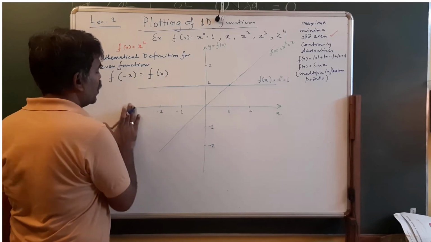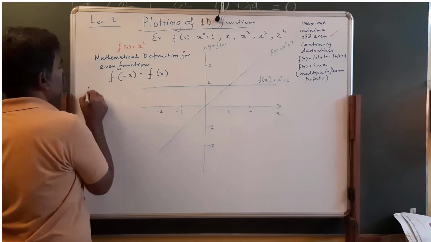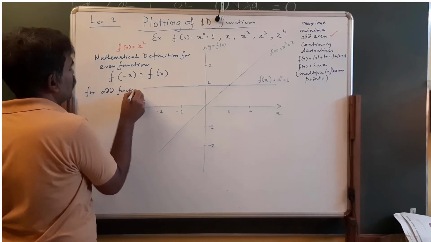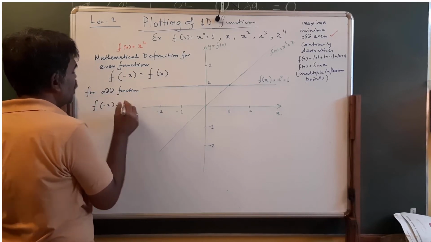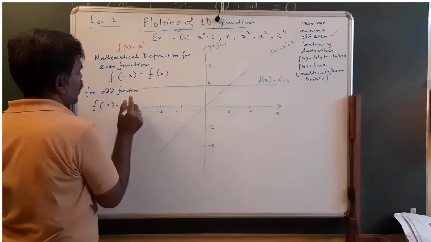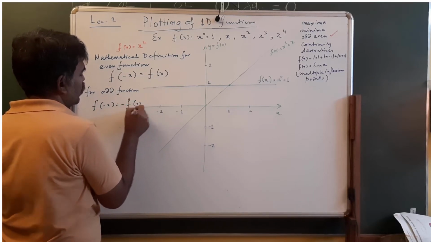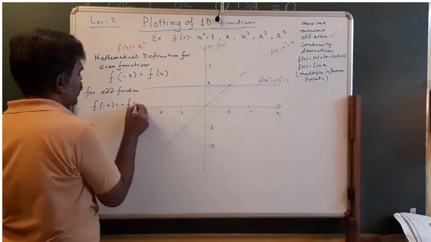So this is the mathematical definition of an even function. And for an odd function, f of minus x, this minus comes out: minus f(x). So f(-x) is minus f(x).